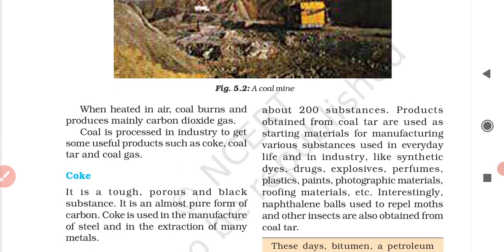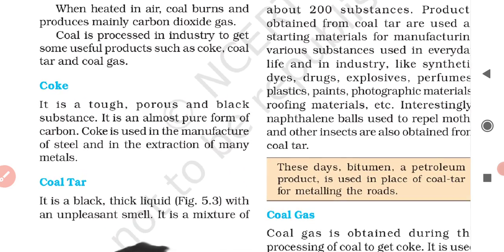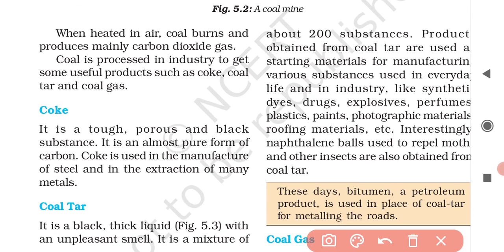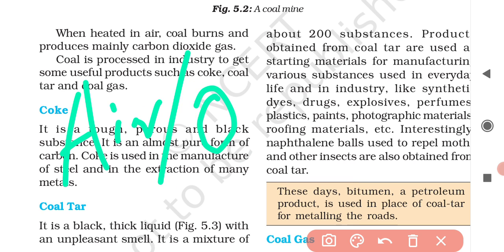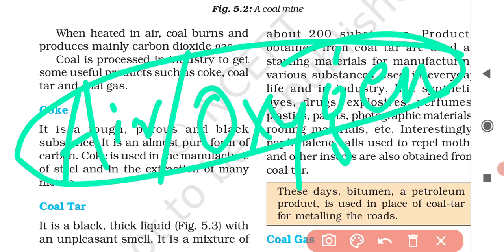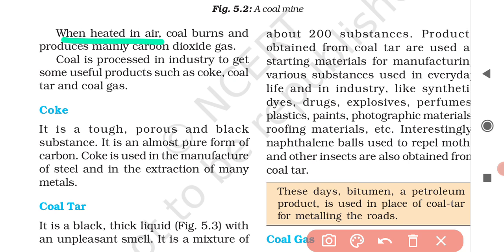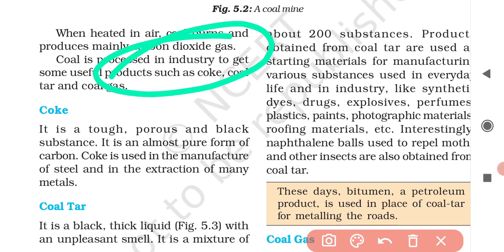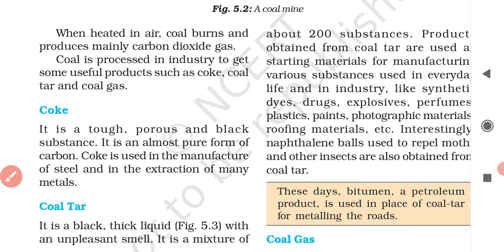Now what happens when coal is heated in presence of air or oxygen? When heated in air, coal burns and produces mainly carbon dioxide gas.